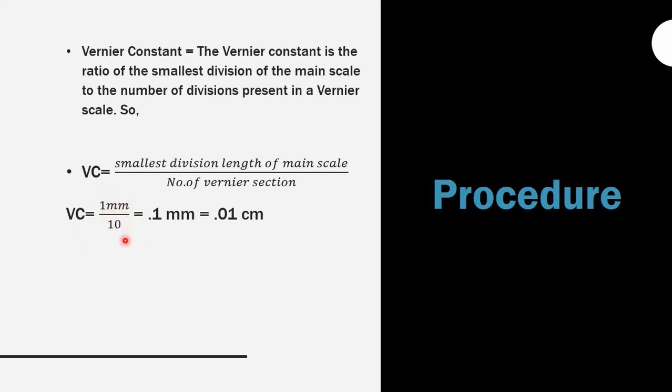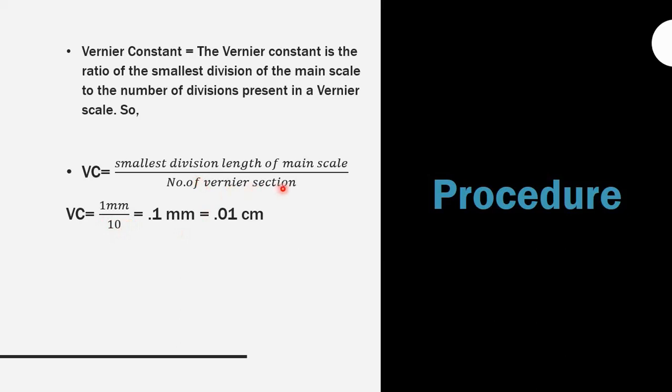Always, the main scale's 9 sections length will be equal to the vernier scale's 10 section divisions. Or otherwise, we can think that the main scale's 19 sections length will be equal to the vernier scale's 20 divisions length. That is how we can measure the vernier constant.